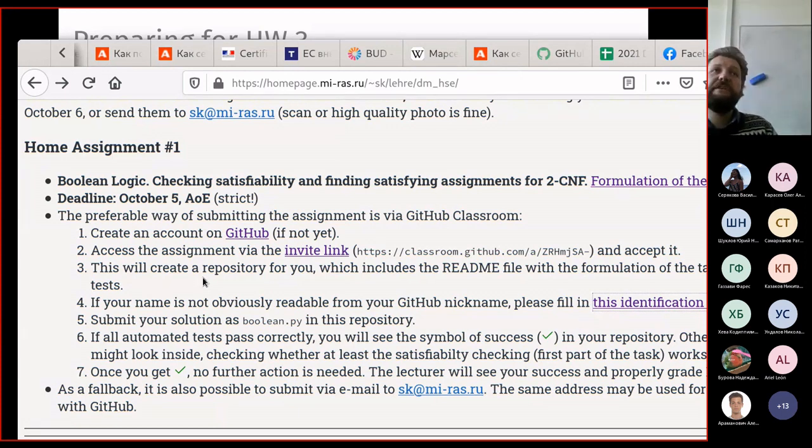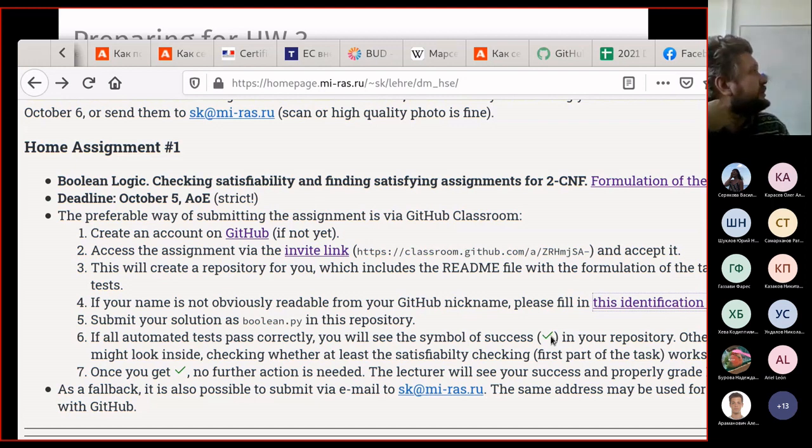So on commit, on pushing your information to GitHub, the autograder will get invoked, and if everything is correct, you will get the symbol of success, which will be visible in your repository.